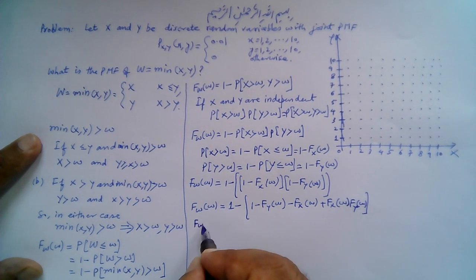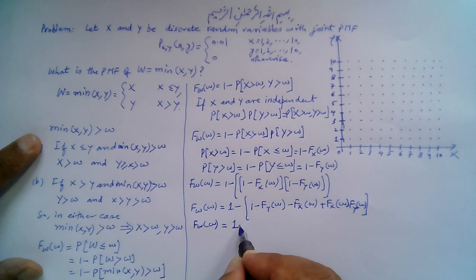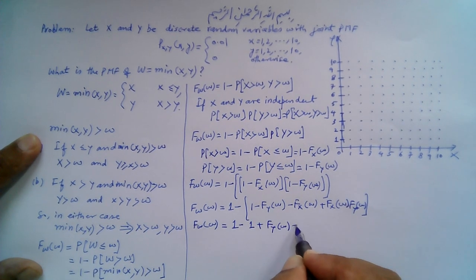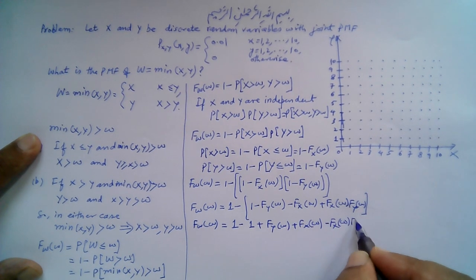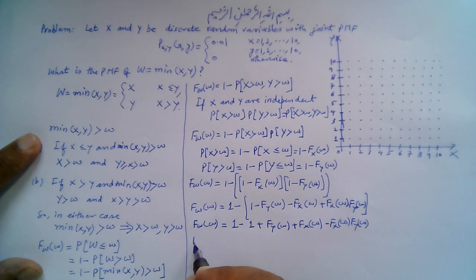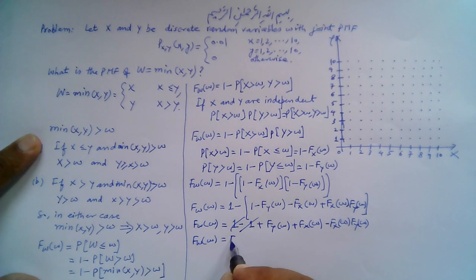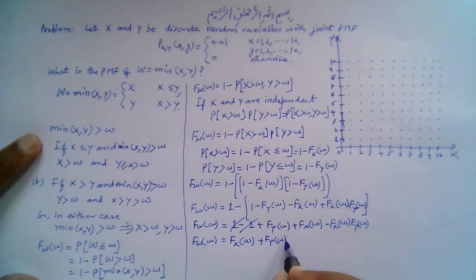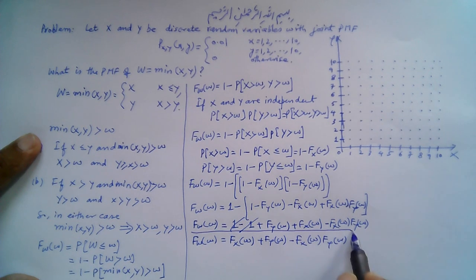So Fw of W is equal to, let's open the bracket, 1 minus 1 plus Fy at W plus Fx at W minus Fx at W Fy at W. So Fw of W is, this cancels out, Fx evaluated at W plus Fy evaluated at W minus Fx at W Fy at W. So this is the relationship.